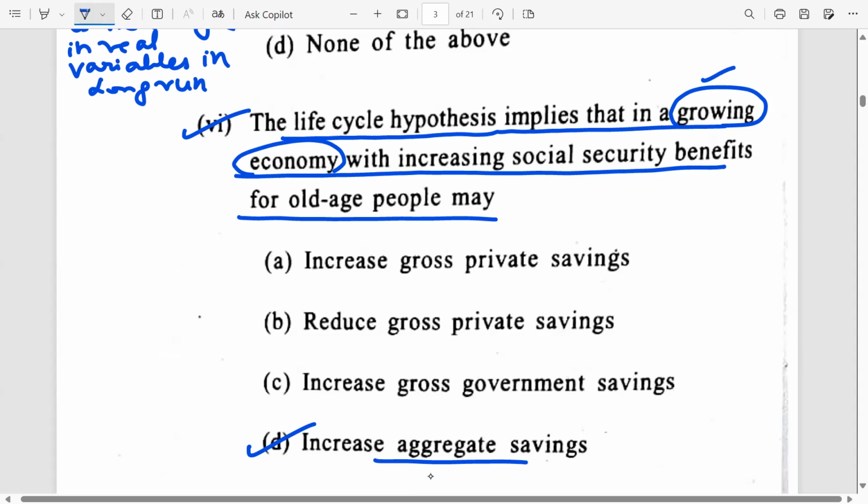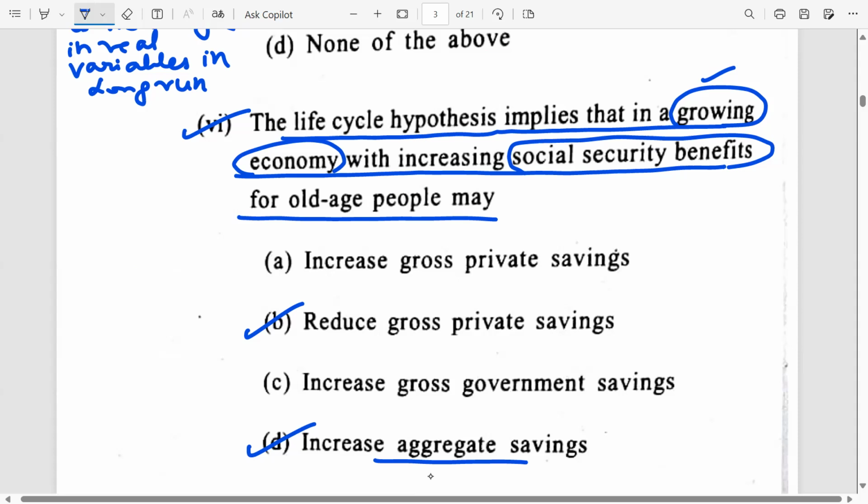But when the government provides you with social security benefits at the same time, that in turn would reduce the gross private savings. Because when the government is providing you with social security, you would not want to save much. You're already getting that help from the government.